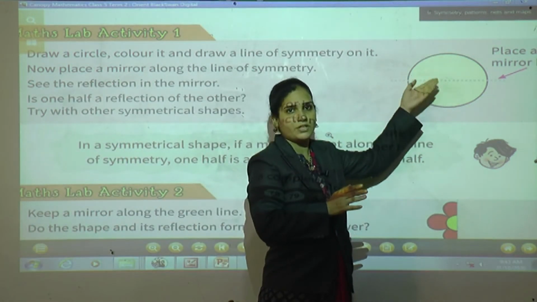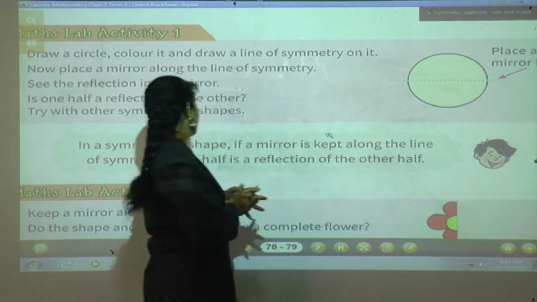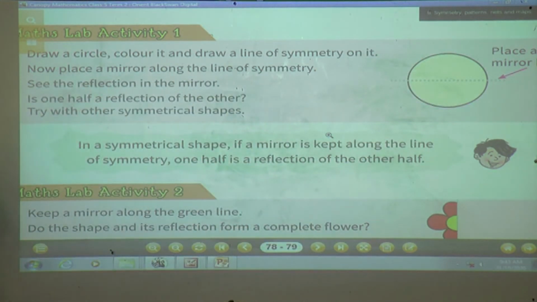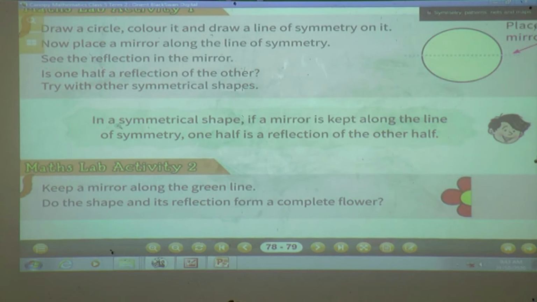But the color will change. Now in a symmetrical shape, if a mirror is kept along the line of symmetry, one half is a reflection of the other half. So always remember this. That means here also it is a reflection of the one half.